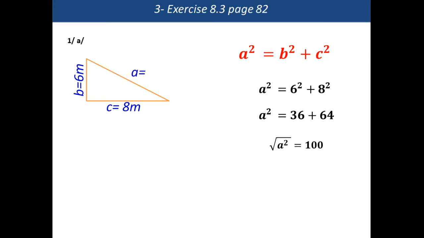That's why we call it an equation. In other words, a mathematical equilibrium. So A square equals 36 plus 64. If you take the square root of A square, we have to take the square root of 100, and the square root of 100 will give you 10 meters. So A here is 10 meters.